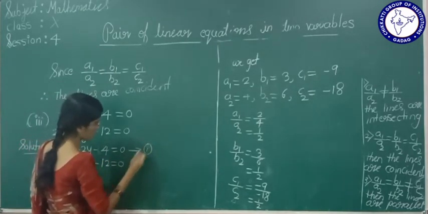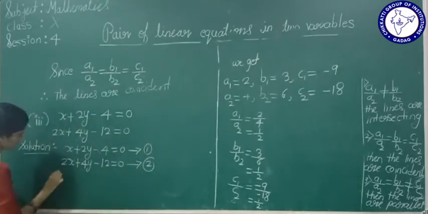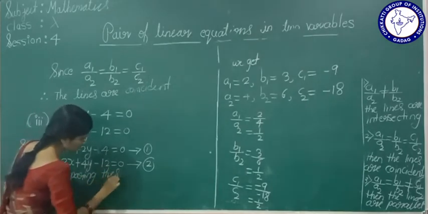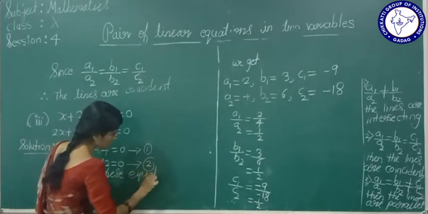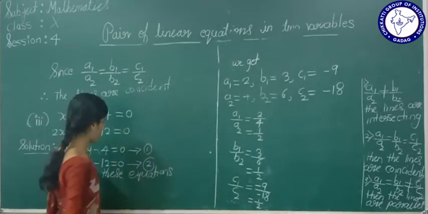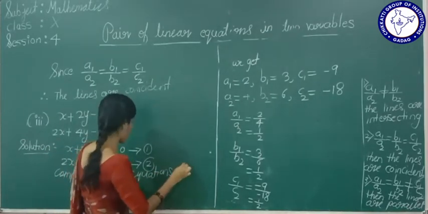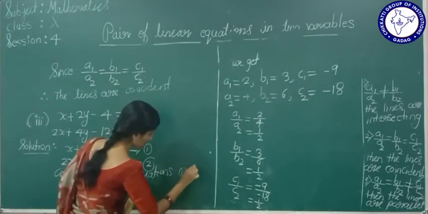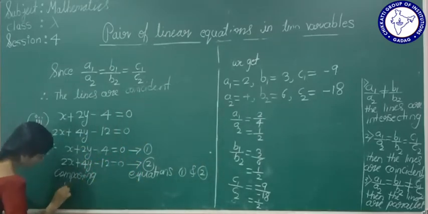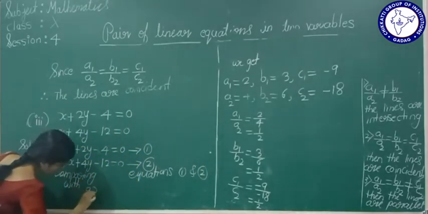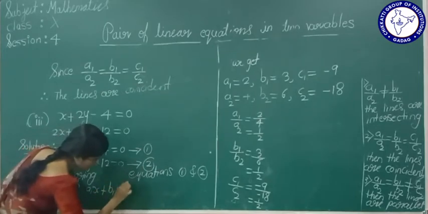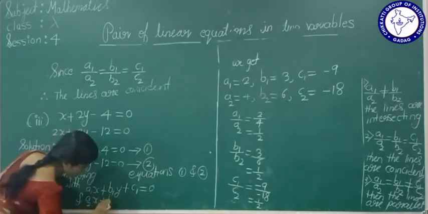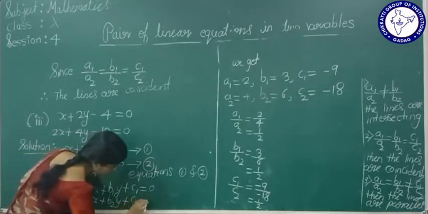Call this as equation number 1, equation number 2. Comparing equations 1 and 2 with a1x plus b1y plus c1 is equal to 0 and a2x plus b2y plus c2 is equal to 0.